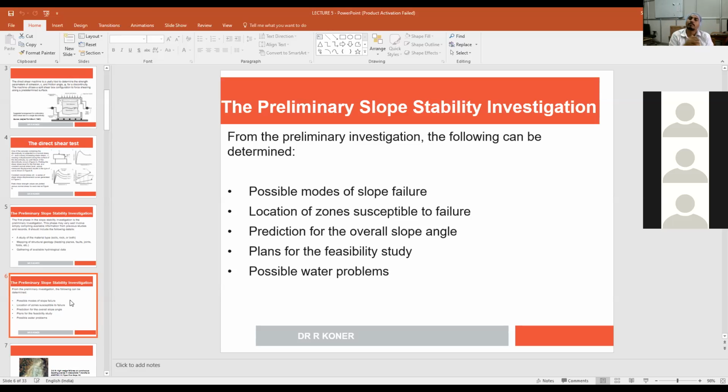Due to the development of pore pressure, what would be the reduction of the shear strength of that slope mass? The pore water pressure acts like a buoyancy force, so it gives an uplift force on the slope. Due to this uplift, the normal stress acting on the slope due to self weight will be reduced, and due to that the slope will be susceptible to failure, which we will discuss.